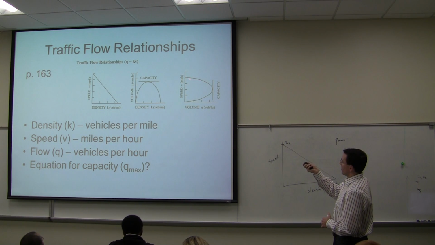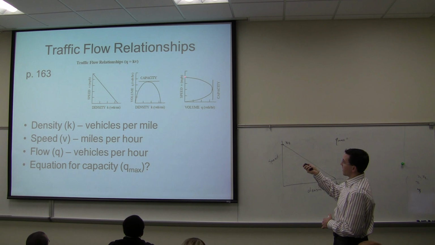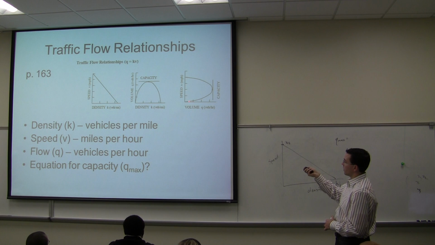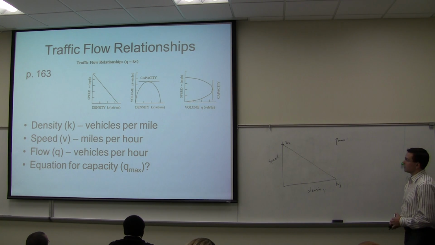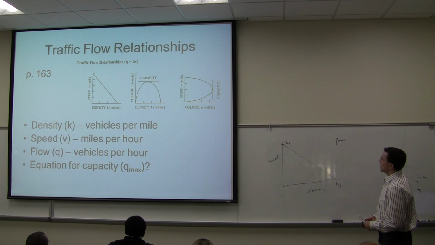Same thing over here. With very low density, you start out at really high speed. As density increases, your speeds are impacted up until this midpoint density. Then speeds continue decreasing, but since traffic isn't flowing, you're not getting any volume either.